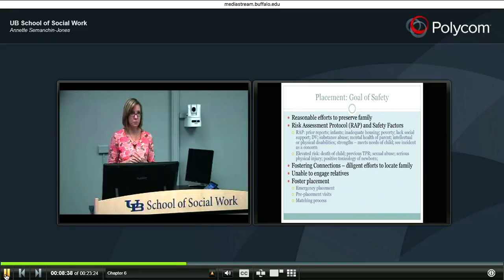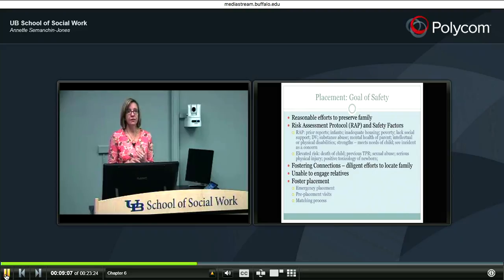There have also been recent policies that we've been talking about, like the Fostering Connections Act of 2008, where the federal government has also continued to promote preservation and really also promote this idea of diligent efforts. So instead of just reasonable efforts to preserve family, states must also now use diligent efforts to locate extended family.